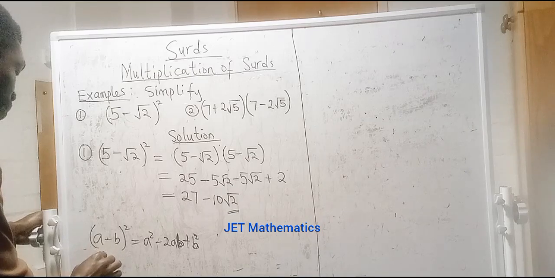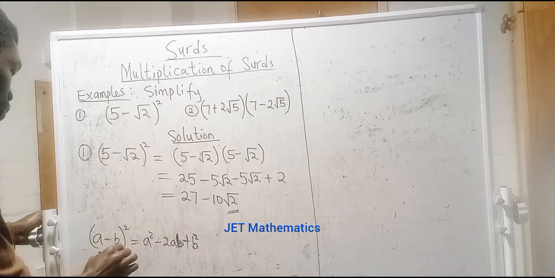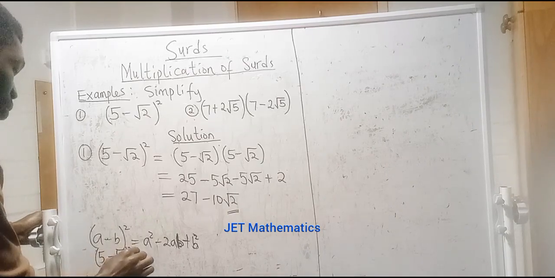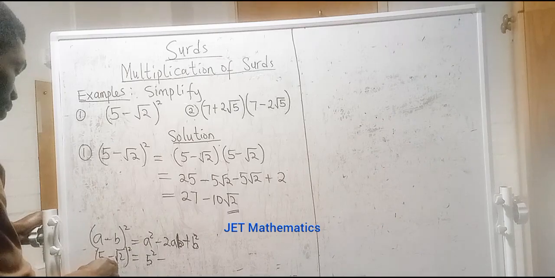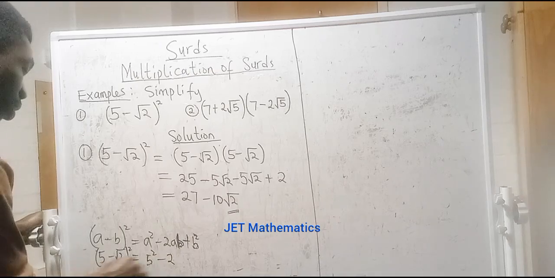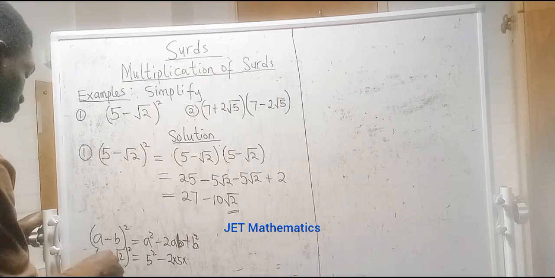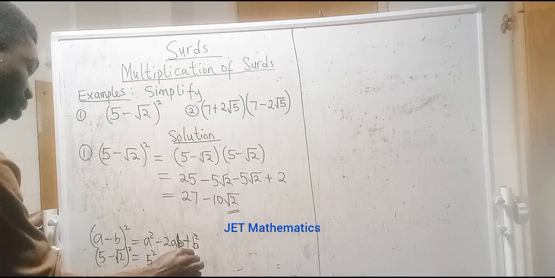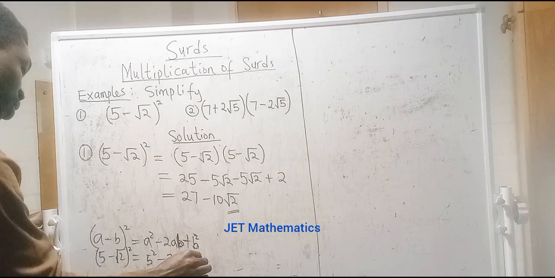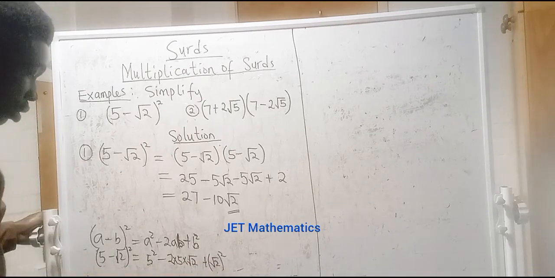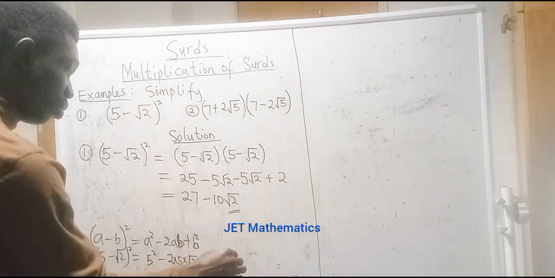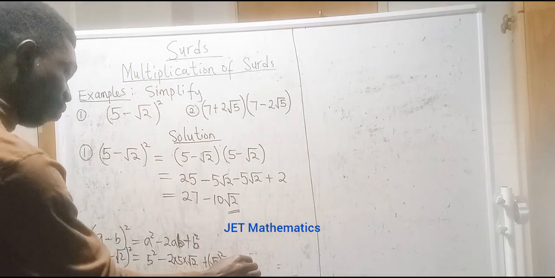So if this is 5 minus root 2 all squared, we'll have 5 squared minus 2 times 5 times root 2, which is b, plus root 2 all squared. So you certainly get the same result here, which is 25.